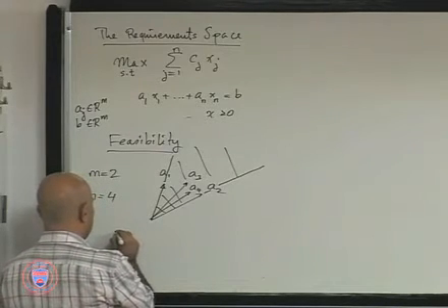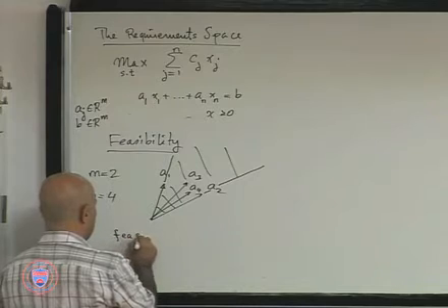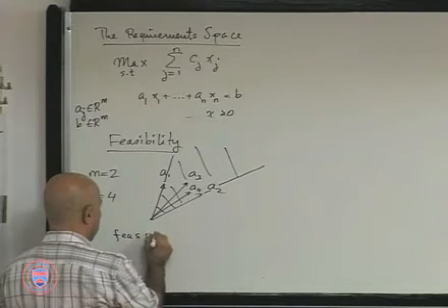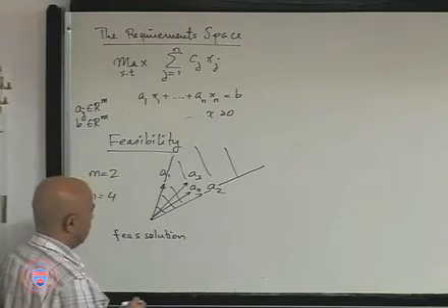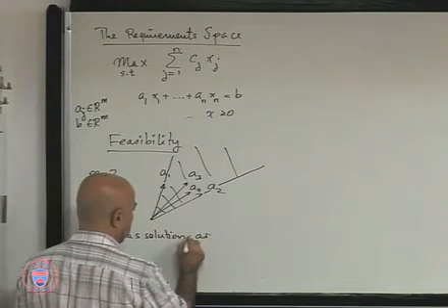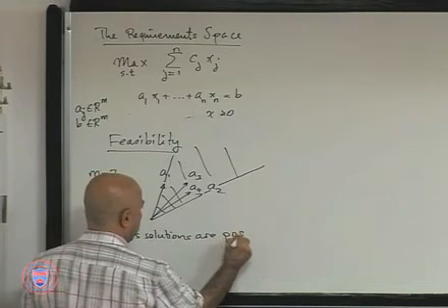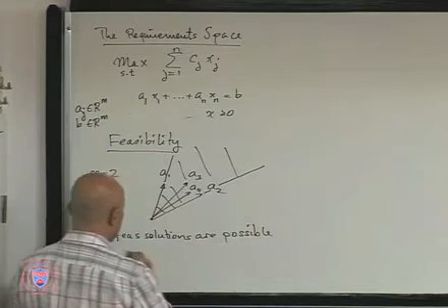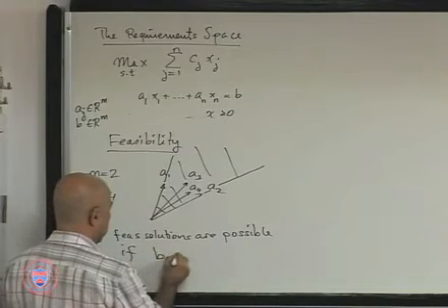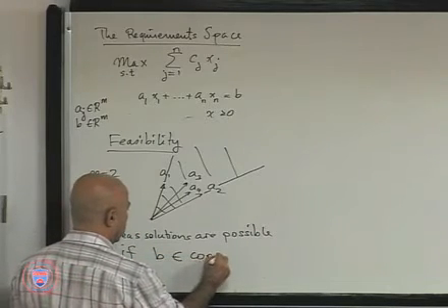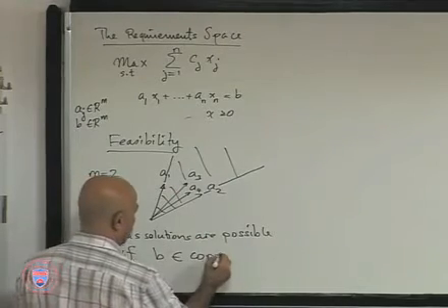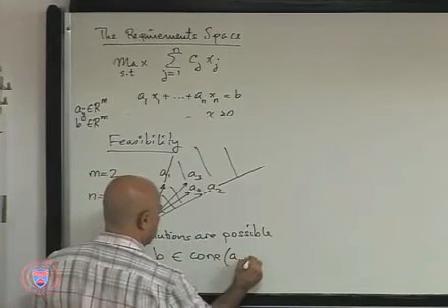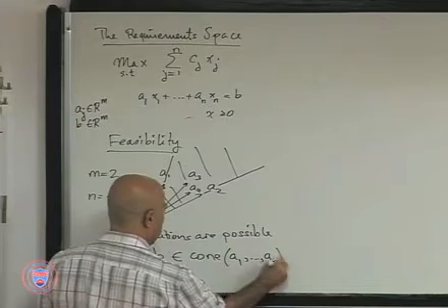to have a feasible solution, feasible solutions are possible if B is in the non-negative cone generated by A1 through AN.